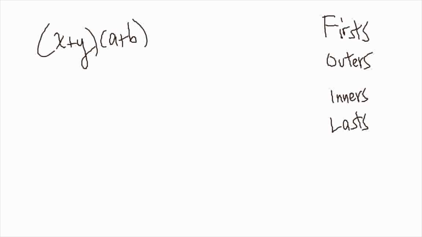Alright, now what does that have to do with the product of the parentheses, you ask? Okay, I'm going to use FOIL and you'll see that it's going to give the same answers we had before. Alright, by the firsts, I mean the first term of each parenthesis. So clearly that's the x and the a. Those get multiplied together.